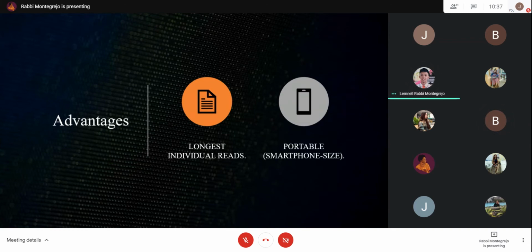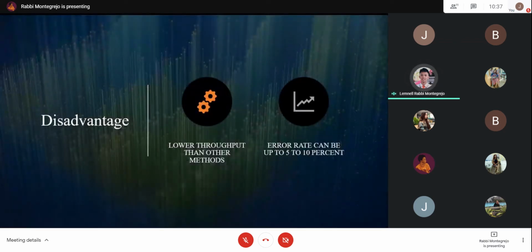Okay, ma'am, sige. So, the disadvantage of this method is that it has lower throughput since, as indicated, it sequences long reads.